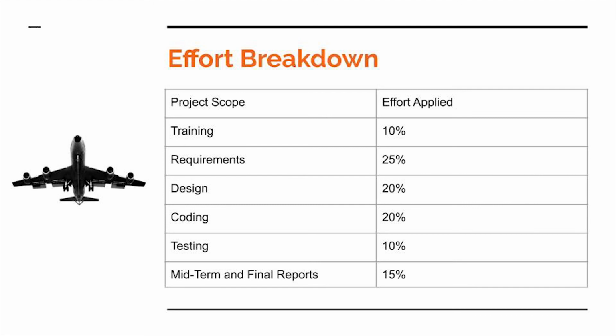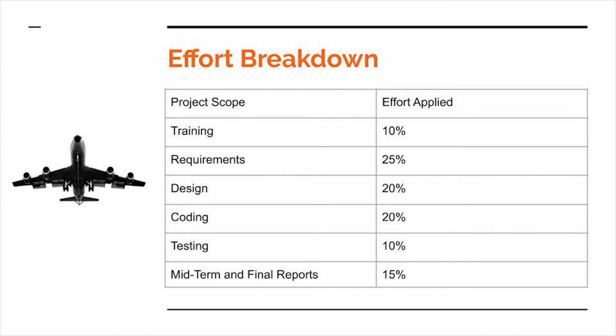Now for requirements, we spent a lot of time on those because this class loves to get us to document everything properly and make sure that we're ready for the real world with what teams want for documentation. So that was a quarter of our project right there. And then design and coding, those kind of went hand in hand.